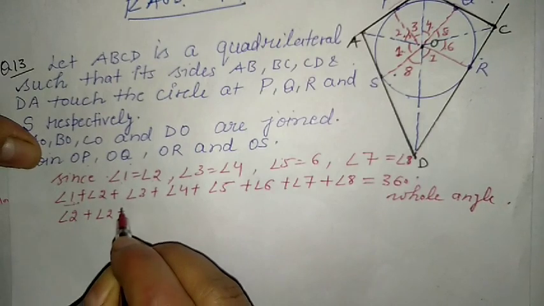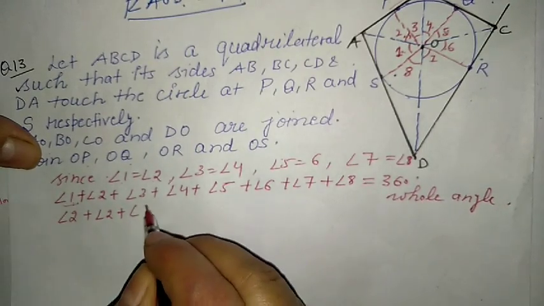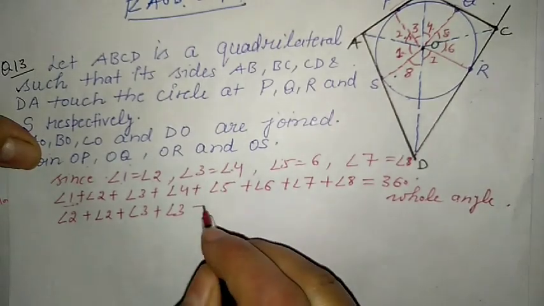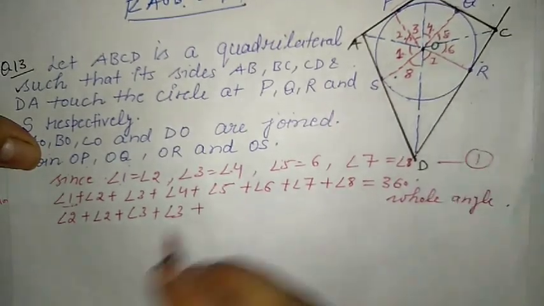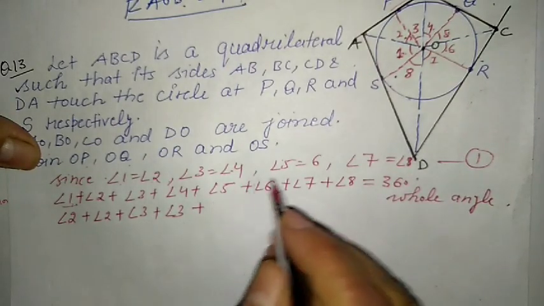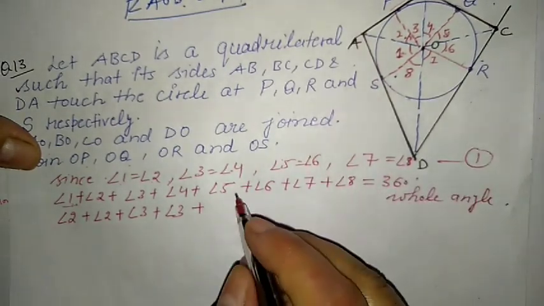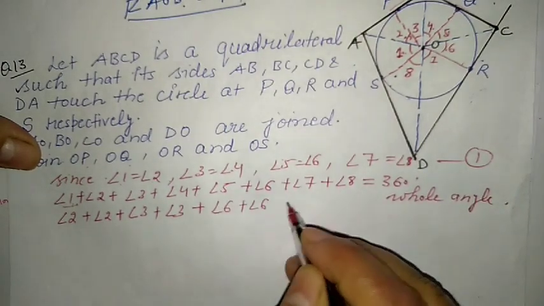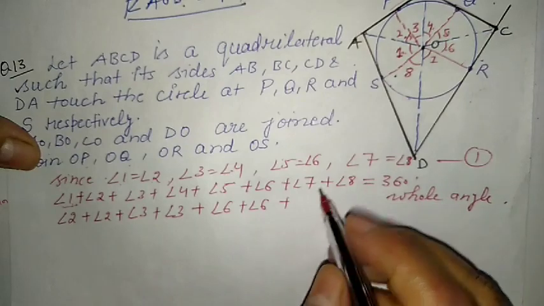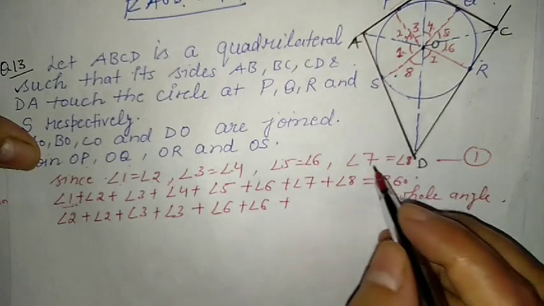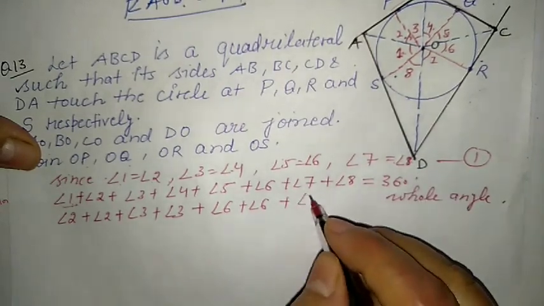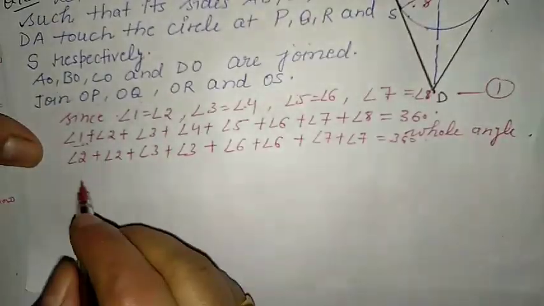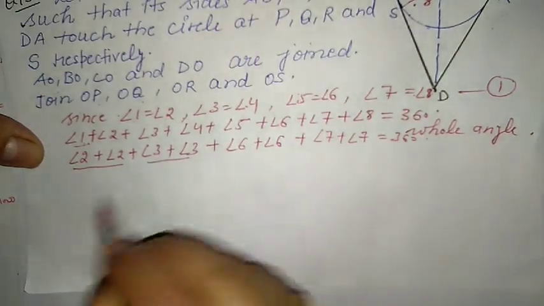Angle 3 as it is, and this 4 can be written as angle 3 because these are equal. Angle 5 we can replace by angle 6, so angle 6 plus angle 6, because we have to take the opposite sides. Angle 7 is equal to angle 8, so we can replace that too, equal to 360 degrees. So we have twice angle 2, twice angle 3.